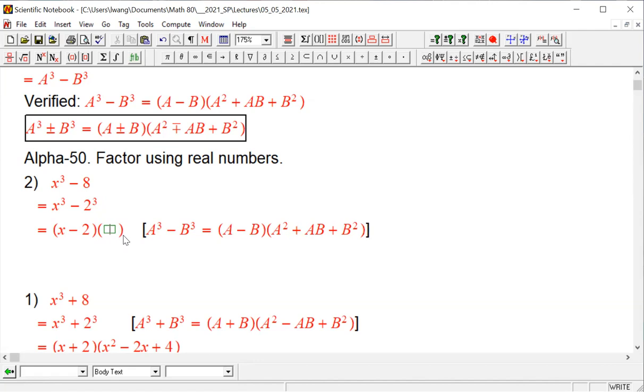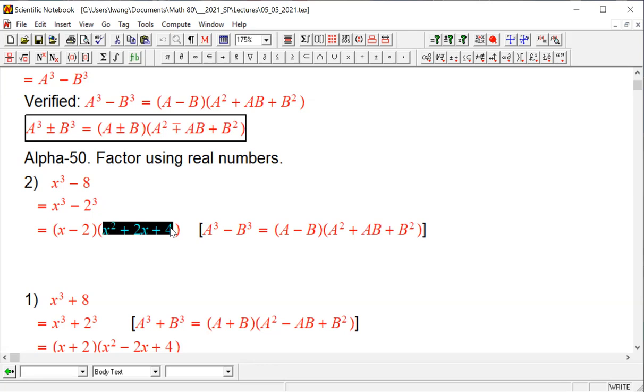Okay. And a squared, a is x, so this is going to be x squared plus ab, so we're going to plus 2x plus 2 squared, that's going to be a 4.